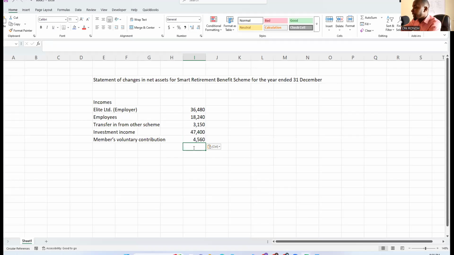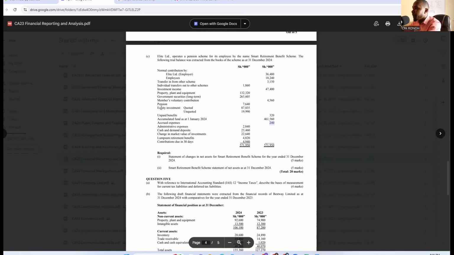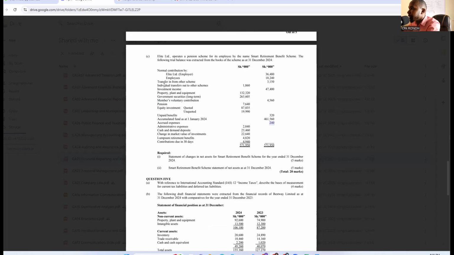So you will get the total, which gives us that. And then we will say less expenditure, less expenses. For expenses, if they paid any benefit or pensions, we can start here with the individual transfer out to the other scheme.